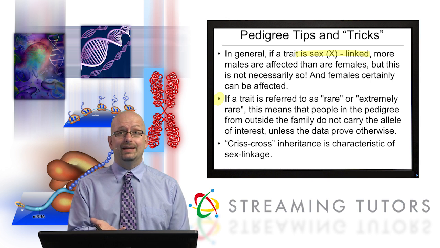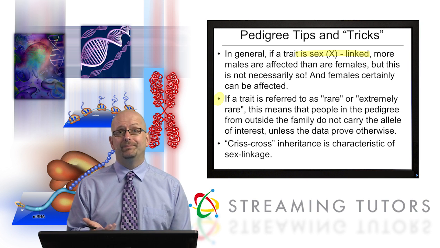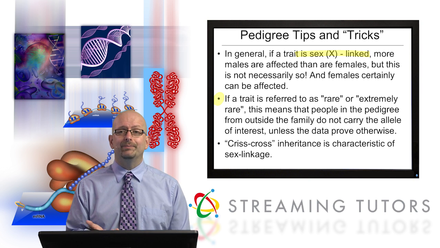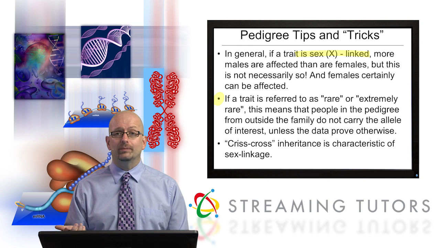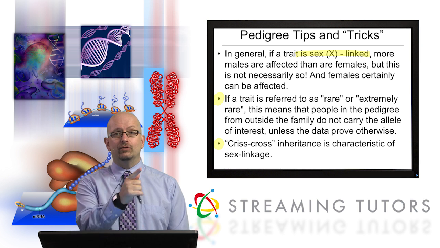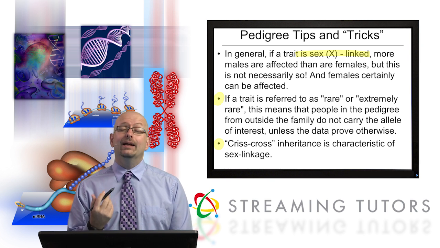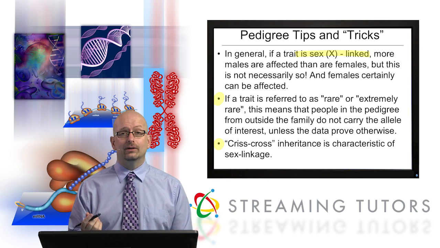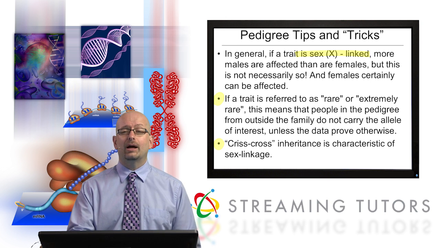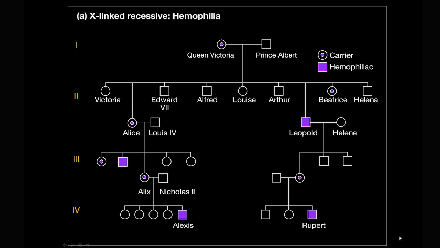So if you see in the data someone coming in from outside the family and there's evidence that they do carry either a trait or an allele, then that's the way it is. Data is data. But if it's rare and you don't see that, you're allowed to make that assumption. And again, while it's not proof, crisscross inheritance, if you see it consistently happening, is a characteristic of sex linkage.